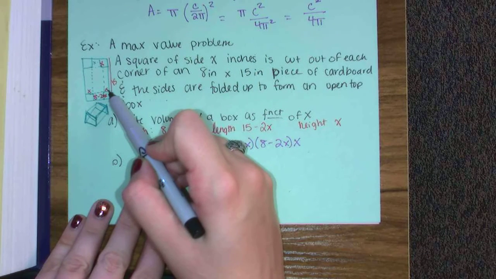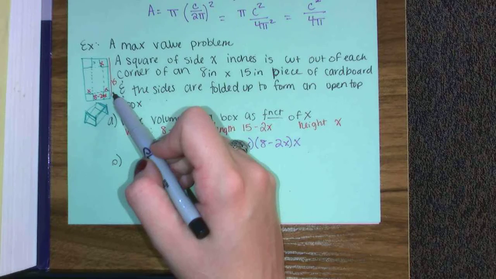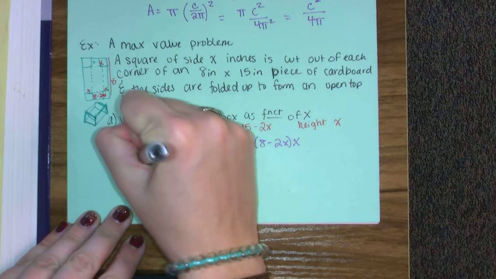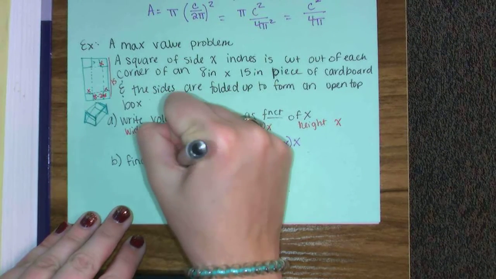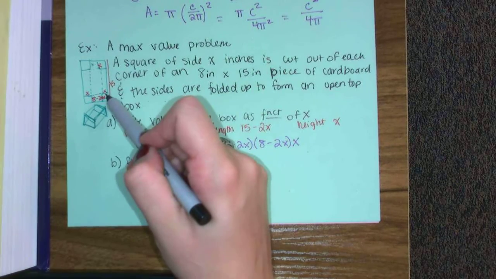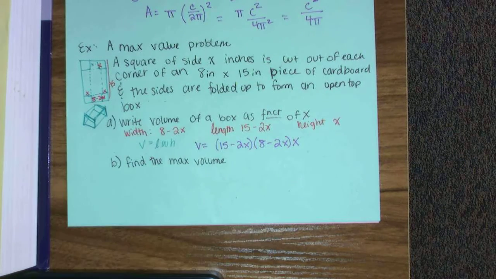I want to know what the size of the square being cut out is. So I want to find the max volume. Basically, what can I take out of the corners to give me the biggest size box that I can have? So I'm going to find the max volume, and we're going to do that using our calculator.